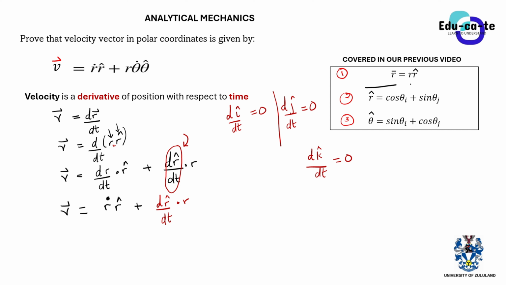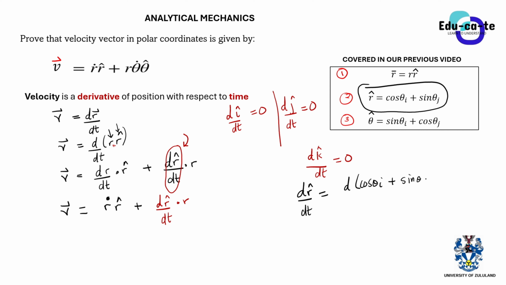We know that the equation for r cap, the unit vector of r, is given by cos theta i plus sin theta j. So we can find the derivative of that with respect to time. This is the derivative of r cap with respect to time, of cos theta i plus sin theta j.